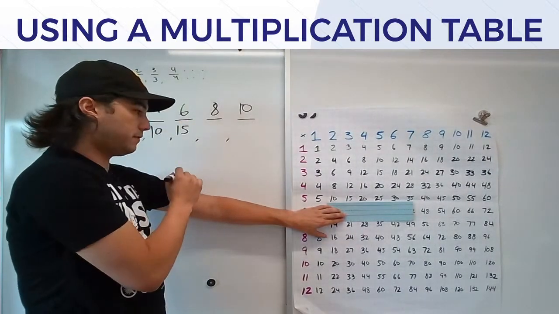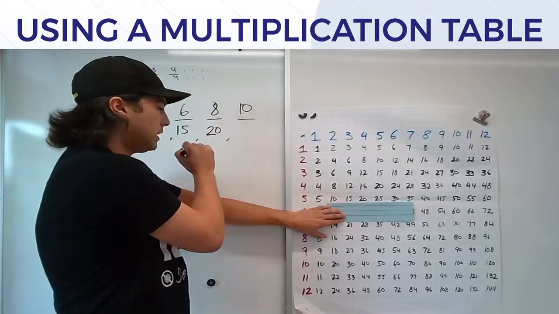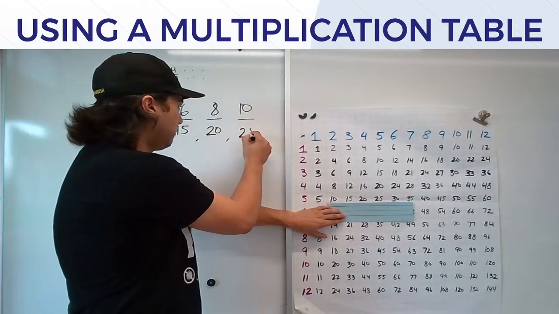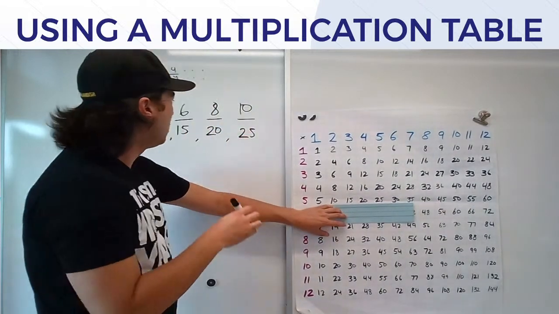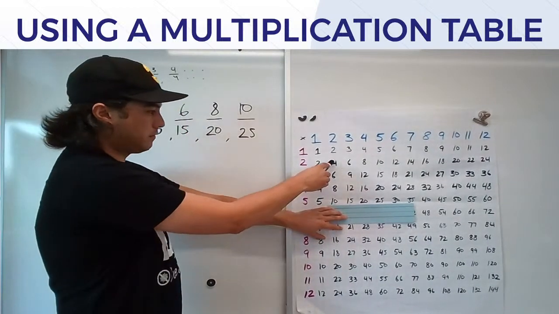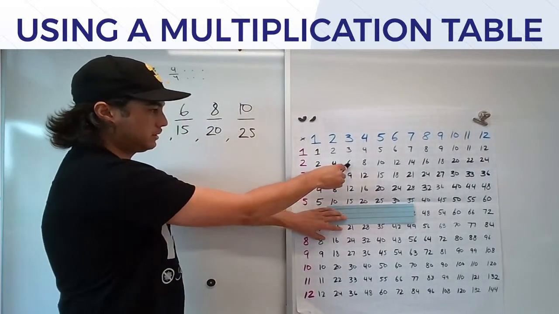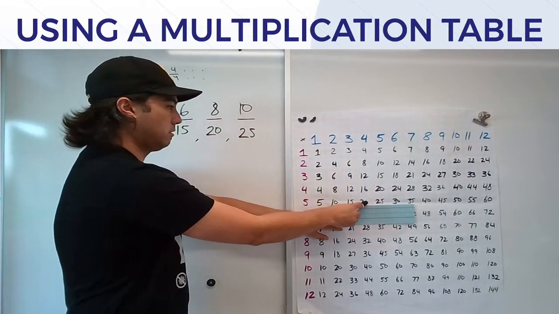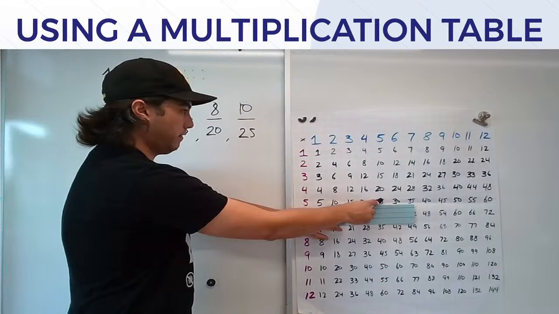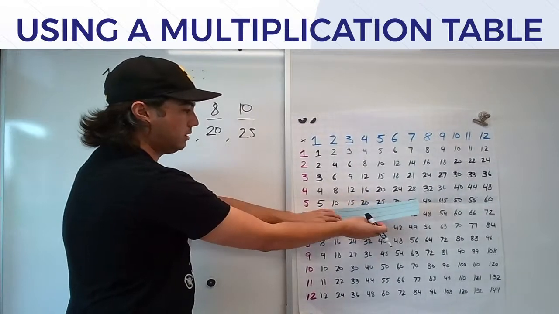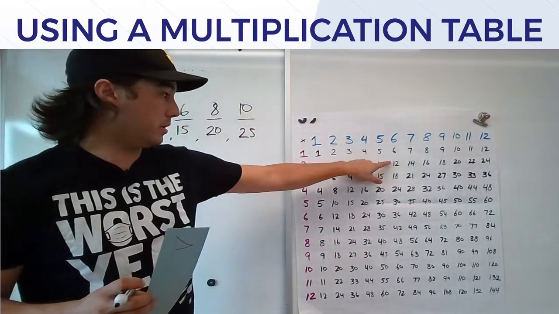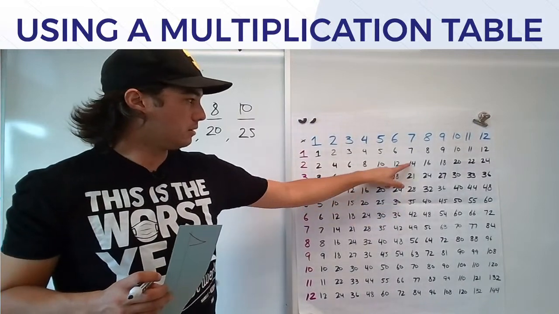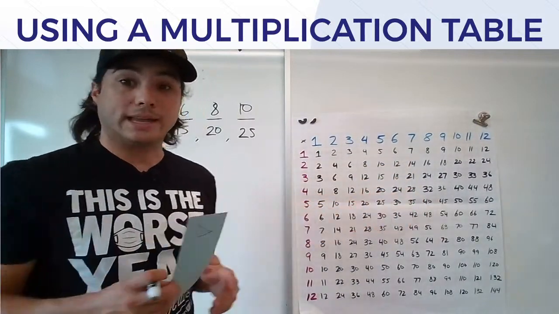What comes after 15? 20. What comes after 20? 25. You'll see here, each of these line up. So 4 to 10, 6 to 15, 8 to 20, 10 to 25. If you wanted to keep going, you could keep going with 12 30ths, 14 35ths, and so on.